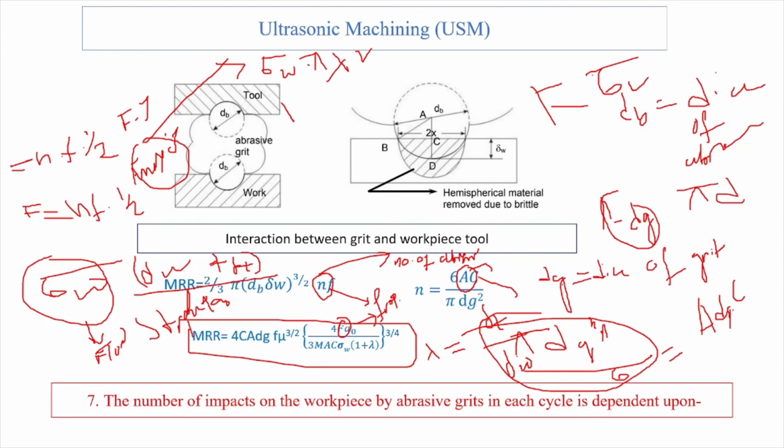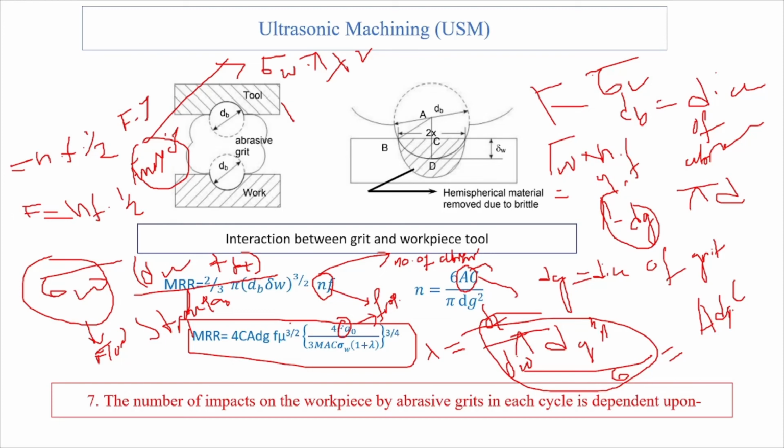So MRR we can also write in this form, as it is a volume of material removal. We can denote this parameter as this, into N into F. So this is 4 pi AC into pi dg square, which I have calculated, F into dg into delta W, which is the flow strength, to the power 3 by 2.